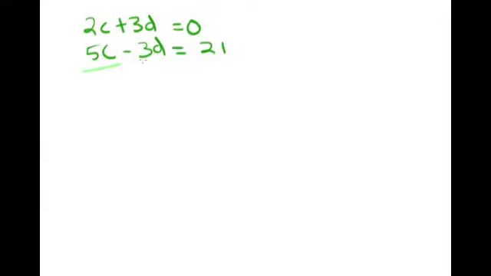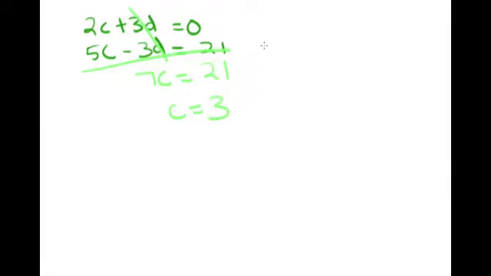Let's try 2c plus 3d is equal to 0, and 5c minus 3d is equal to 21. Now the 3d and the negative 3d will cancel out because they're opposites. So you get 7c is equal to 0 plus 21, which is 21. So c is equal to 3.